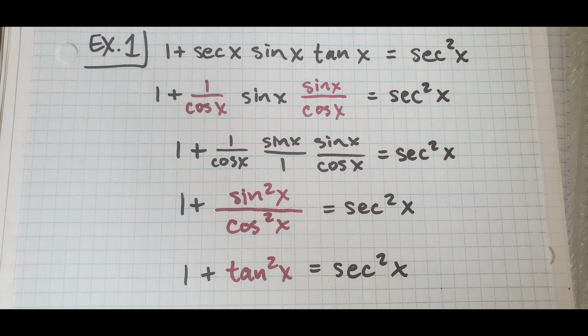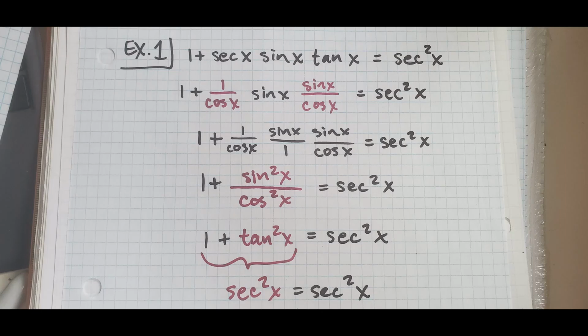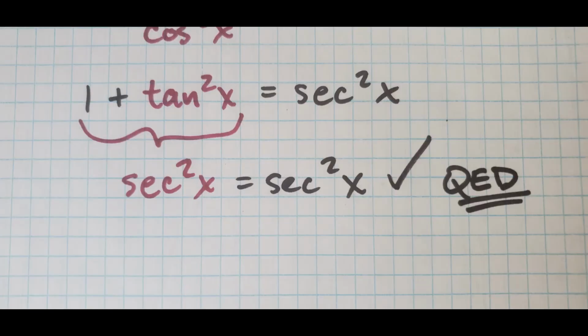So 1 plus tangent squared of x equals secant squared of x. If you look at your Pythagorean identities, the middle one says tangent squared of x plus 1 equals secant squared of x. Well, that's exactly what we have on this last step. So I'm going to exchange the left side for secant squared of x. And so at the end, you get secant squared of x equals secant squared of x. The left side and the right side match.